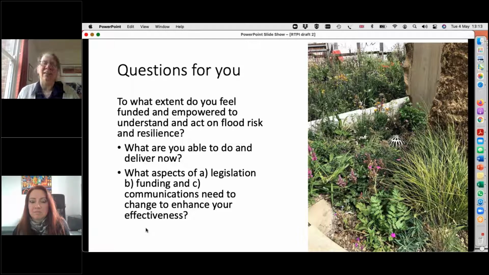The reason that we have a lot of sewer flooding in the UK is because we have a lot of combined drainage systems, where we have an old Victorian sewer quite often, which takes all of the foul waste, and also the waste from rain, the highway drainage and things like that, or from your roof.